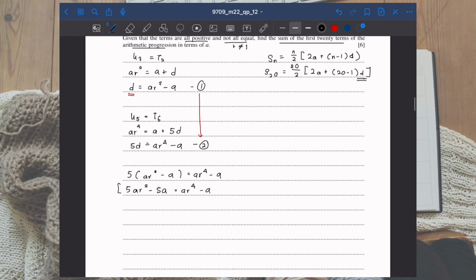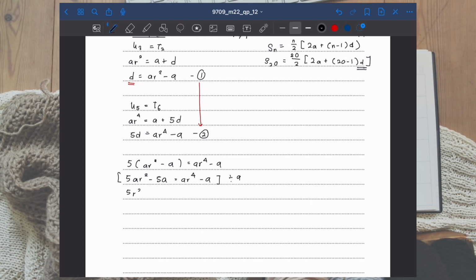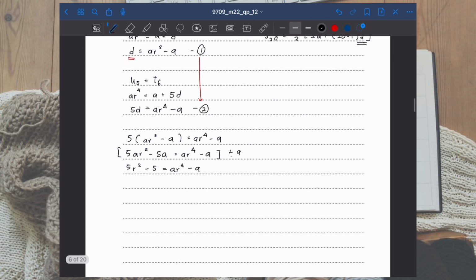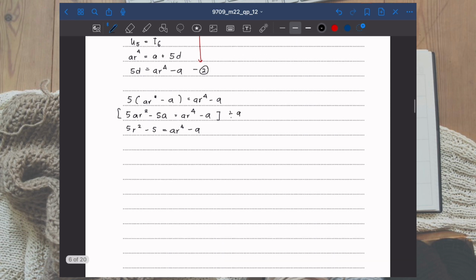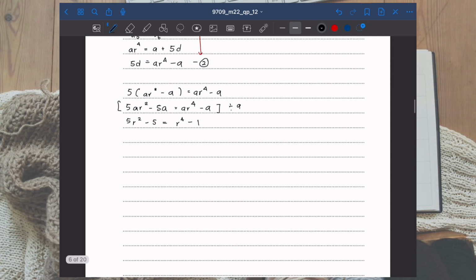So we can factorize out this a. Then we arrange the equation so that one side of it is equal to 0. Wait, sorry. Since we factorize out a, this is just r to the power 4 minus 1.